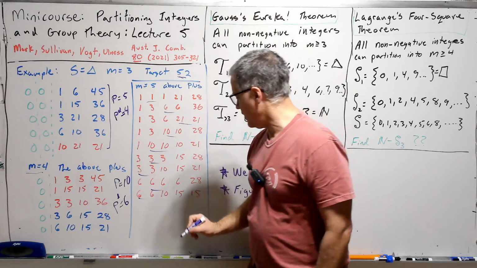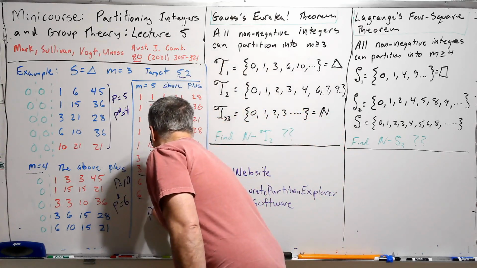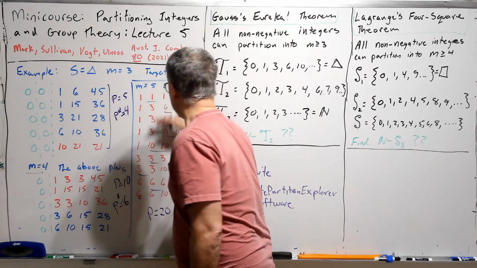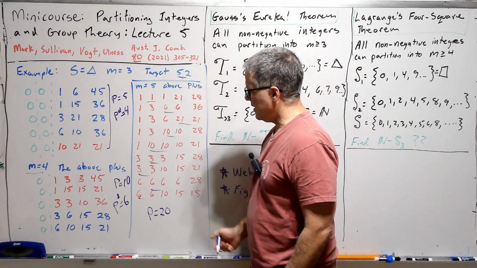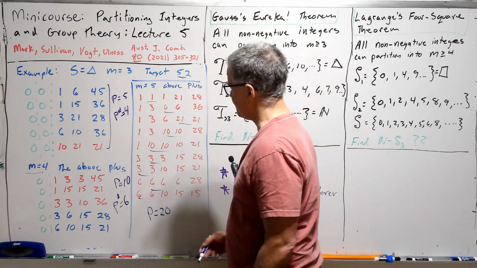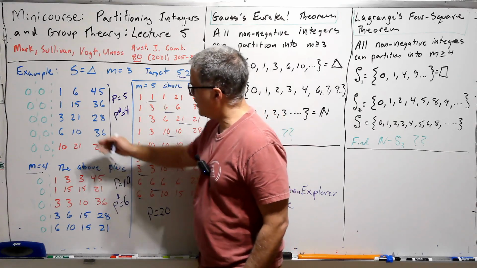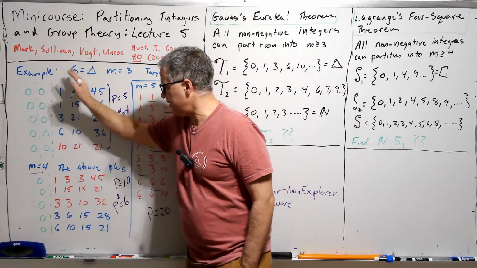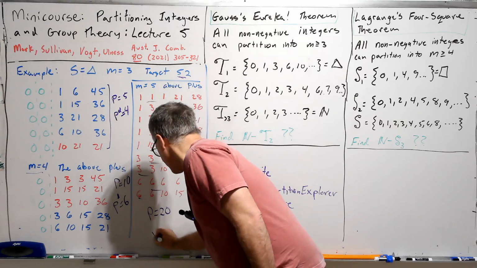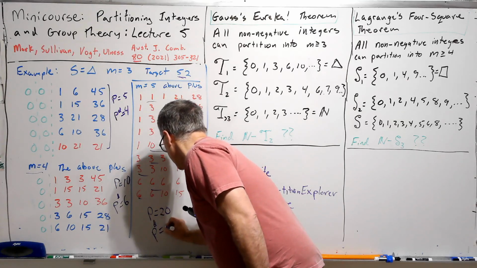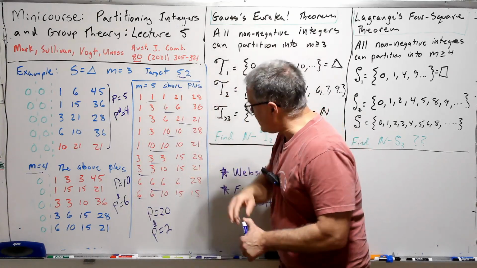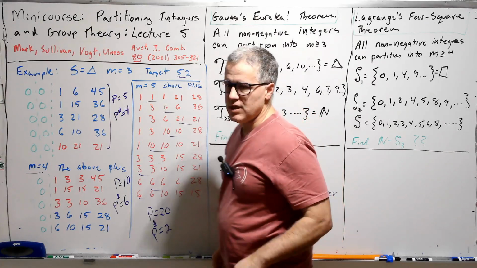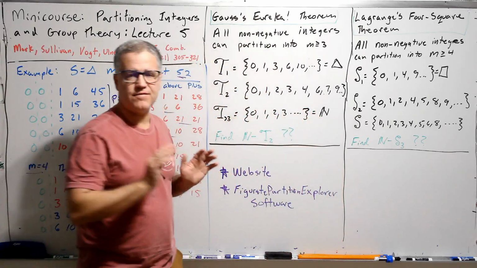So we have a total of 20, these 10 and these 10, but all of these are repeated, and also these, now we have 2 zeros, so all of these get wiped out. So we're down to just 2 distinct.